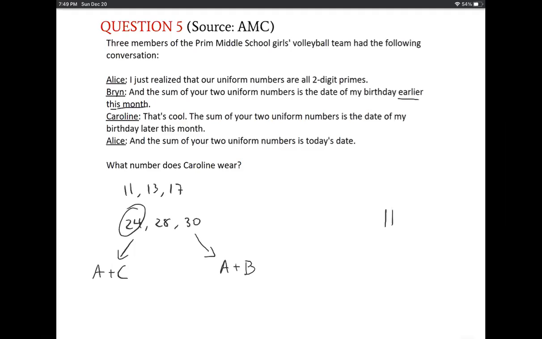And that means that 30 has to relate to Caroline's statement, because if this is today, then this 30 is later, and this 24 is earlier.